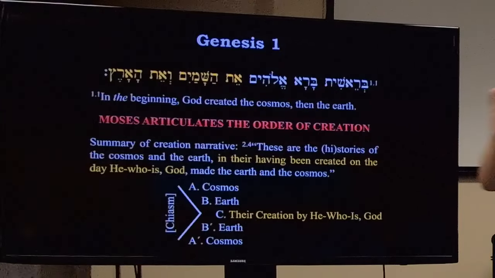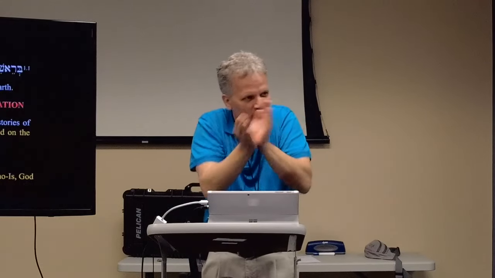Now, then we come to the conjunction I told you about, the wow conjunction, because it's going to introduce the second thing in creation. The wow conjunction can be used as a coordinating conjunction or a subordinating conjunction, and I love grammar. A coordinating conjunction is and, but, or. It joins things together.